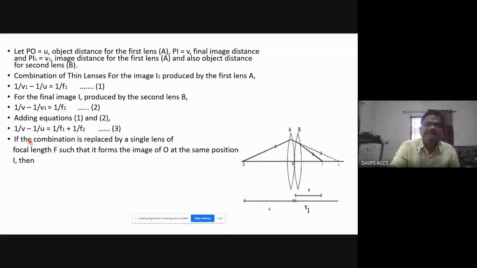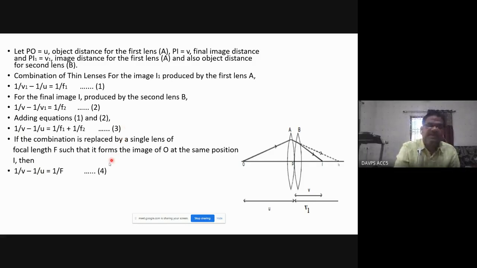The combined lens formula is 1 by V minus 1 by U equal to 1 by F, where F is the focal length of the combination. Individually you already have 1 by V minus 1 by U equal to 1 by F1 plus 1 by F2.